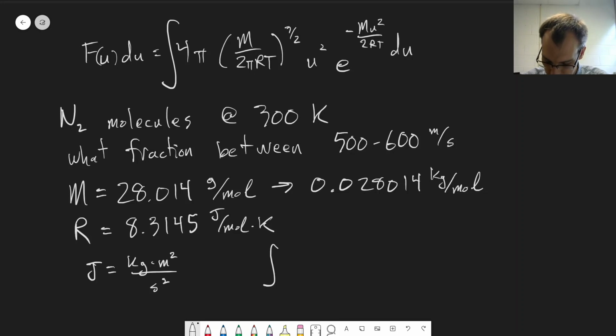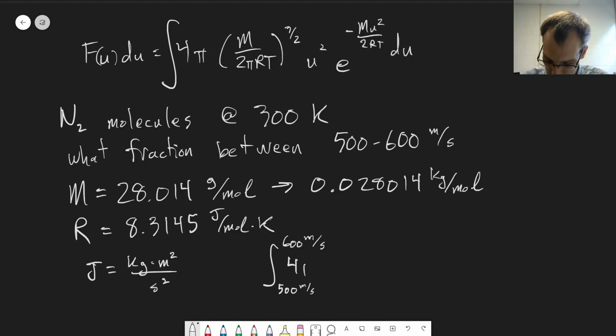So we need to integrate from 500 meters per second to 600 meters per second. And as long as we express everything else in terms of meters and not nanometers or centimeters or inches or whatever, our units will all cancel out here. But that is something you always have to remember and worry about in physical chemistry.